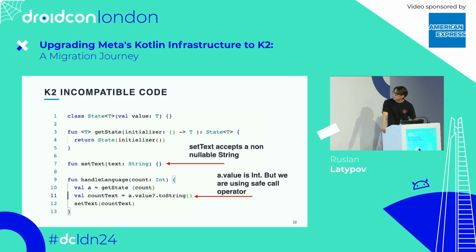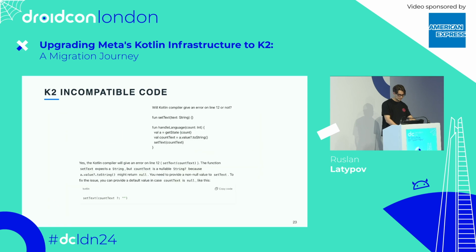In the following example, on line 11, we're using a safe call operator on an integer type. And on line 12, we run the setText function, which accepts a non-nullable string. I would expect the compiler to give an error on such an example, but I wanted to ask someone else, so I asked AI.